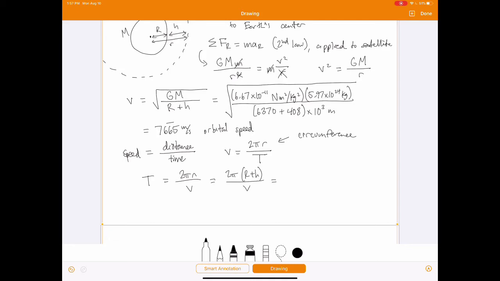So here's what we've got. We've got 2 pi, we've got 6,370 plus 408 times 10 to the 3 meters divided by 7,665 meters per second. So the time that we're interested in is going to come out in seconds.